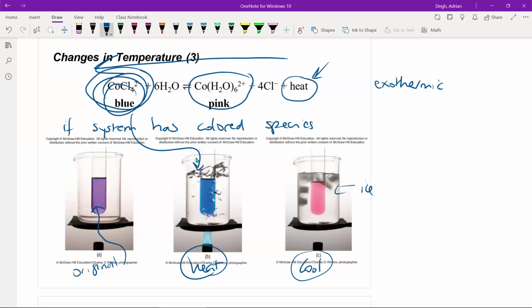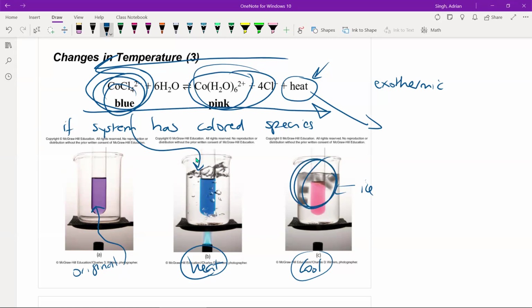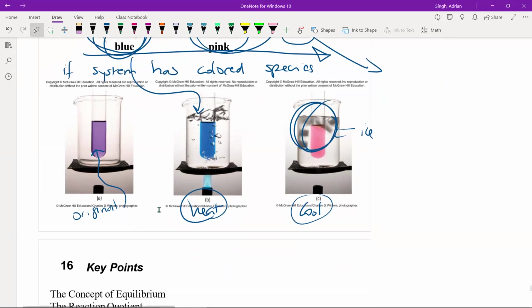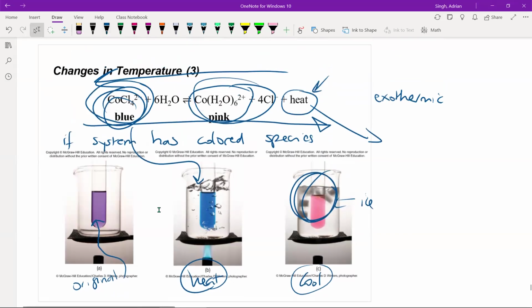Cooling down something means we're removing heat, so we take something away from the right, equilibrium shifts towards that side. This side has a pink color, and that's what we actually see. Okay, so monitoring the color change can tell us by extension in which direction the equilibrium is shifting. Okay, so that's changes in temperature. We need to know whether the reactions are endo or exothermic.